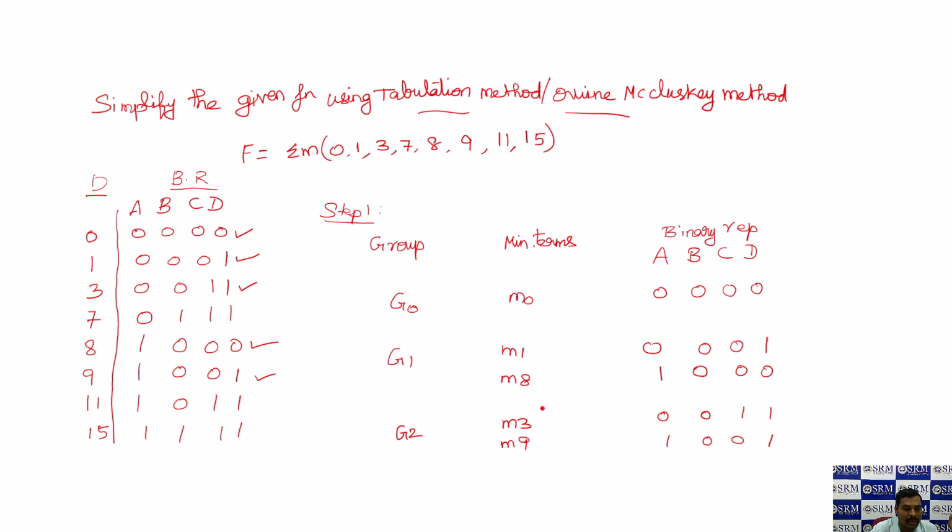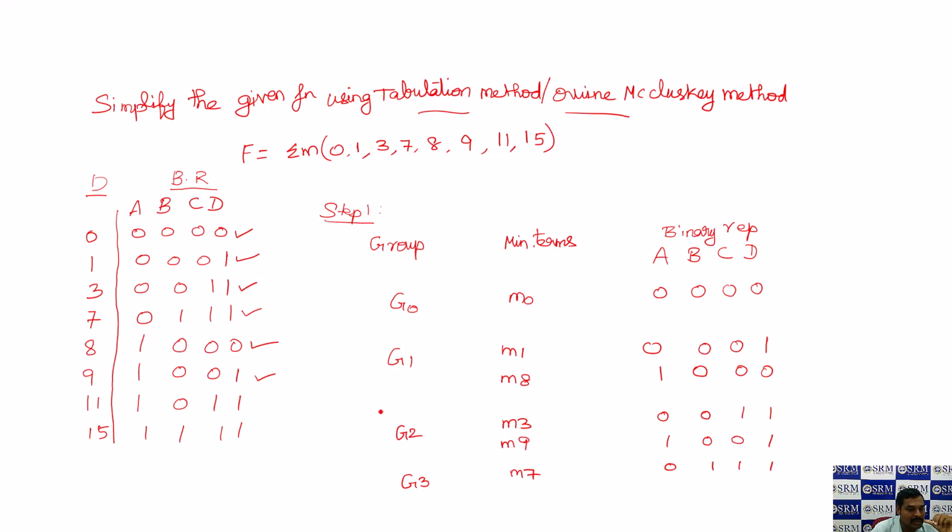Now I'm going to check for 3 ones in the group, let it be group 3, that is G3. Look at minterm 7. M7 is having 3 ones, so M7 is 0 1 1 1.